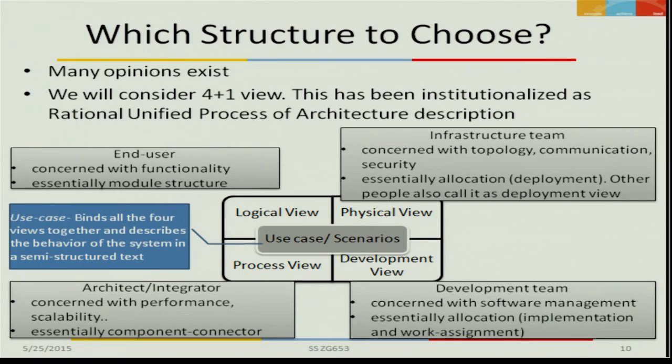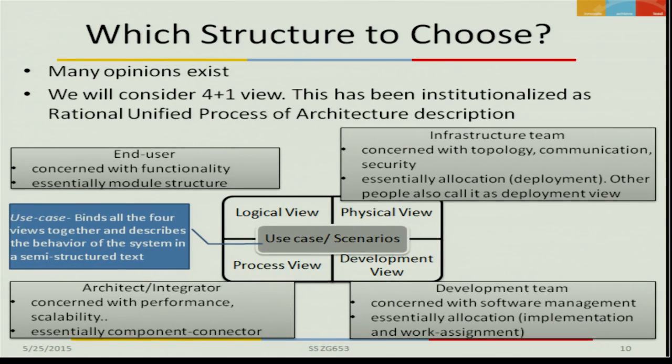Now if we stick to this 4+1 view that is proposed by Christian, and it is now a part of RUP, then you can readily get a lot of tools, UML tools, which are now coming out of IBM and many other open source free tools.